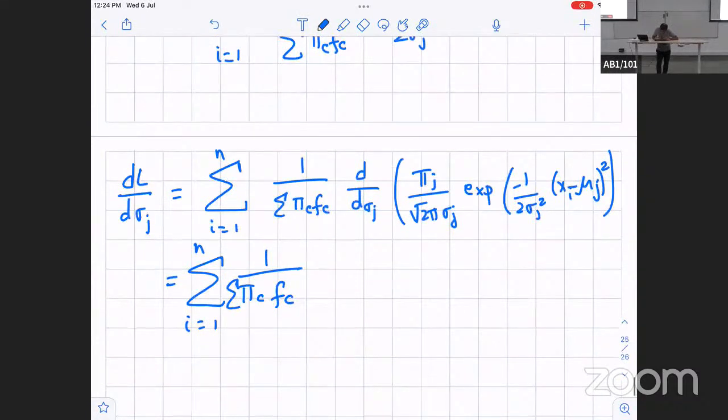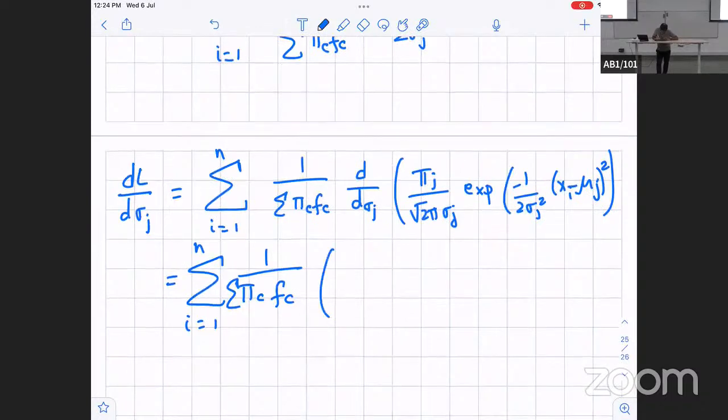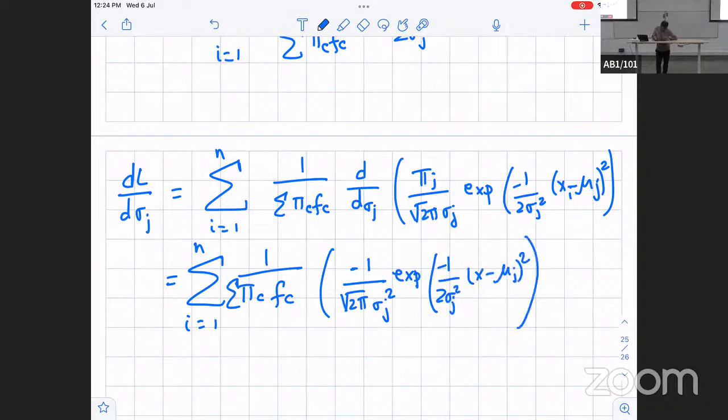The first term, when I take its derivative, is minus 1 by square root 2 pi sigma j squared e power minus half times (x minus mu j) squared over sigma j squared. This is the first term.